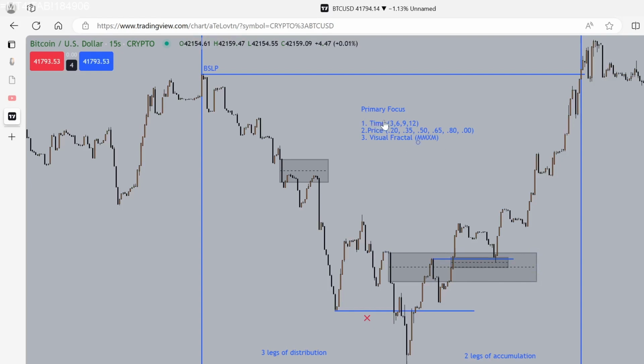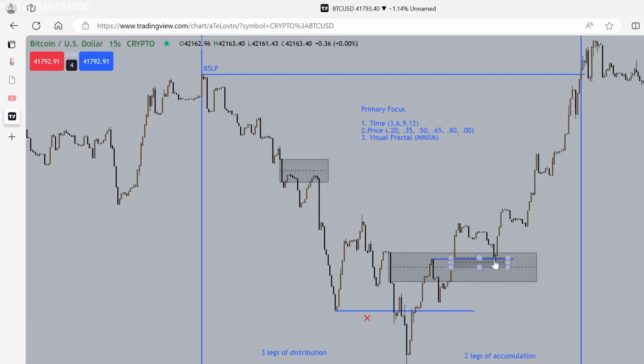Time and price are overlapping, coming in right around the 50 level. We're within that 3 to 4 hour macro, where we know that volatility is going to be injected. We know we're going to get opportunity within those hours, essentially 2 to 4.